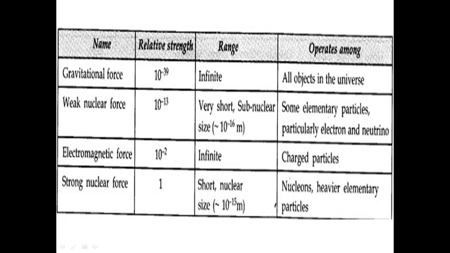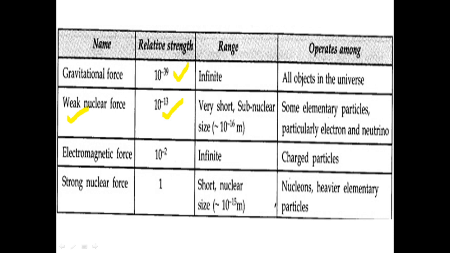After the gravitational force, we have the second one, the weak nuclear force. Its relative strength is about 10 raised to minus 13. The gravitational force has the lowest relative strength, 10 raised to minus 39.